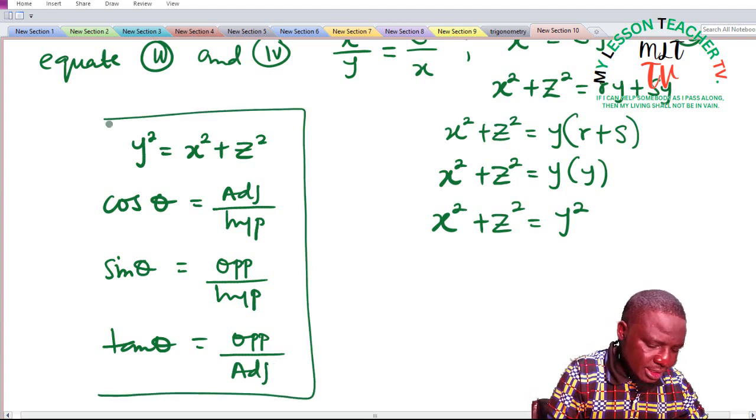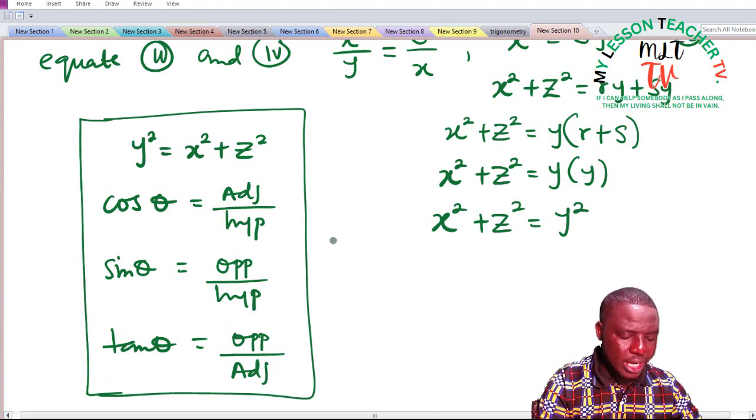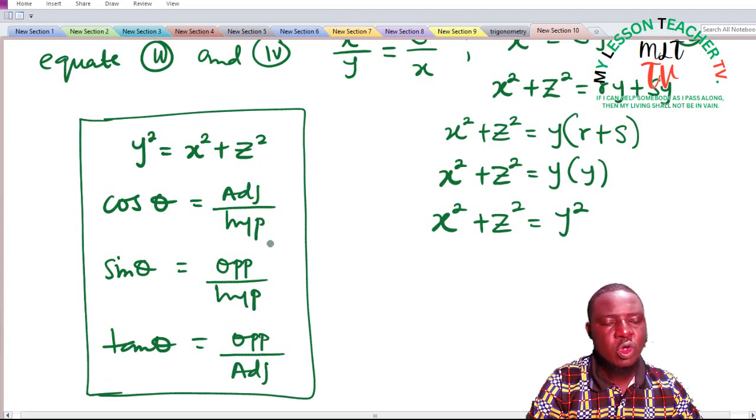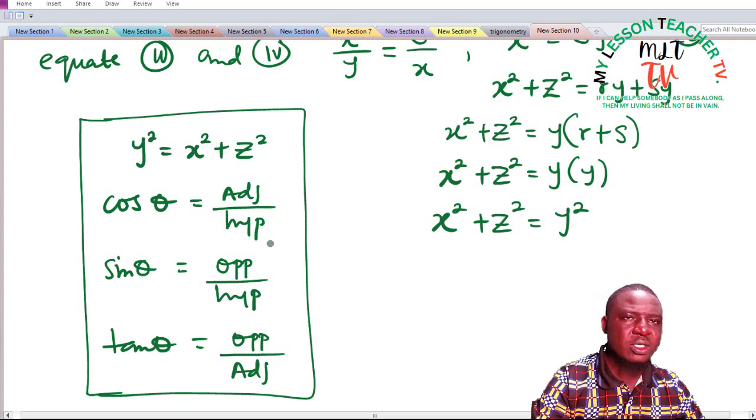With these formulas, you can solve most of the problems that have to do with a right angle triangle. When you're asked to find any given sides or any given angles, you can use any of these formulas to solve problems in right angle triangles. So let's take some examples.